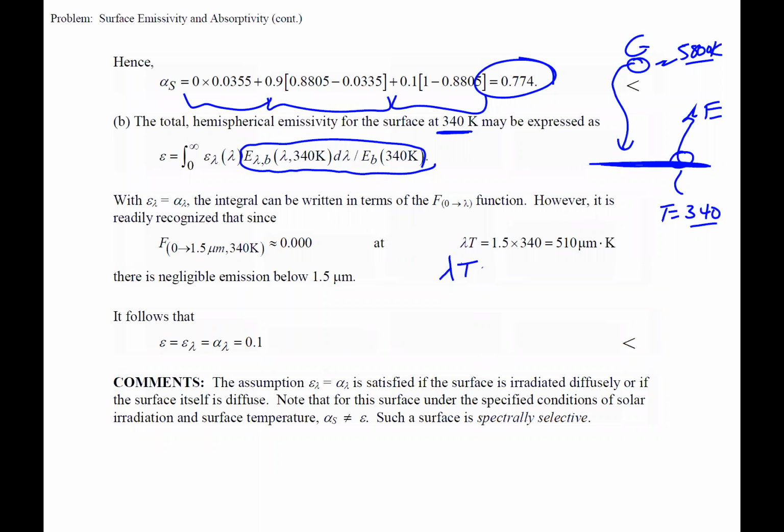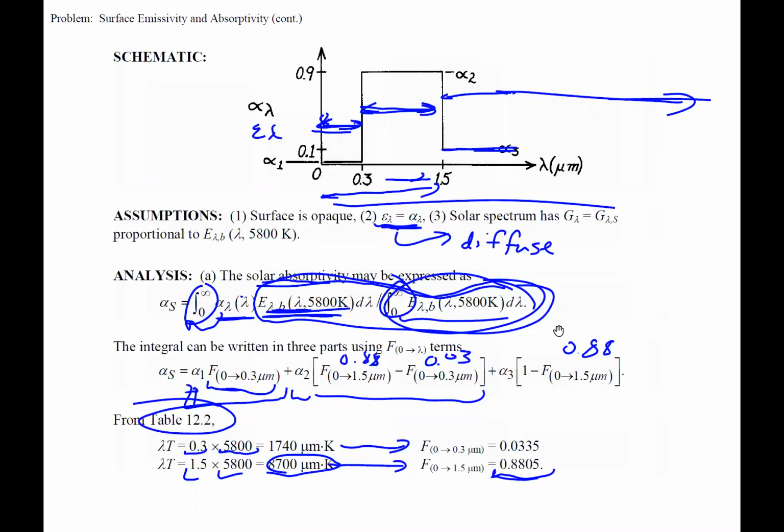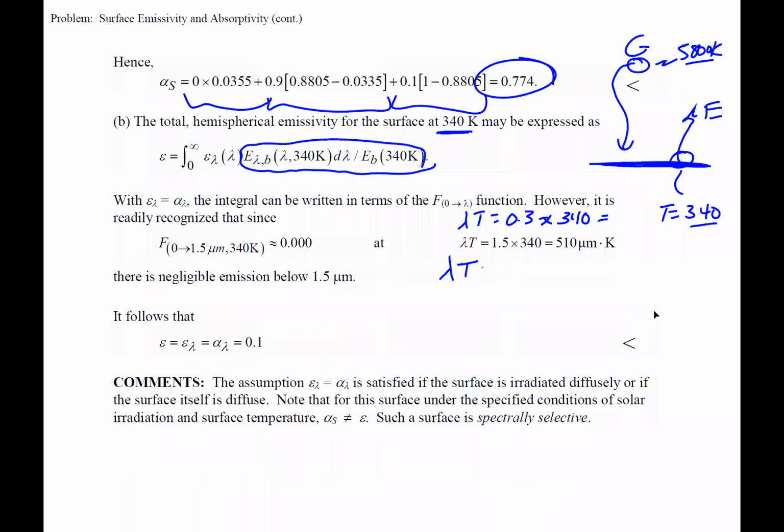We could also do 0.3 times 340 and get its value. What they've noticed is that even at 1.5, there's no emissive power when you're at 340 Kelvin, because it's at high wavelengths.